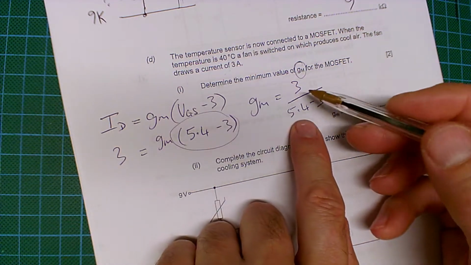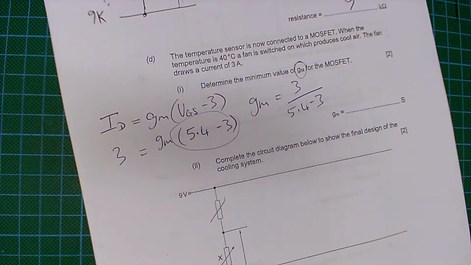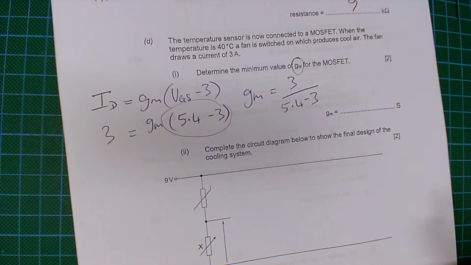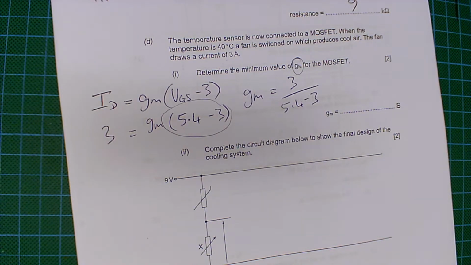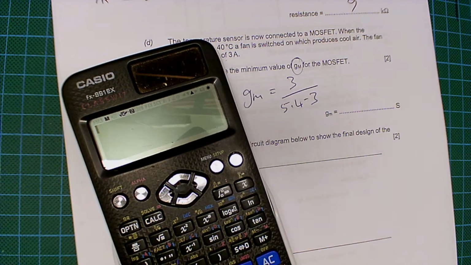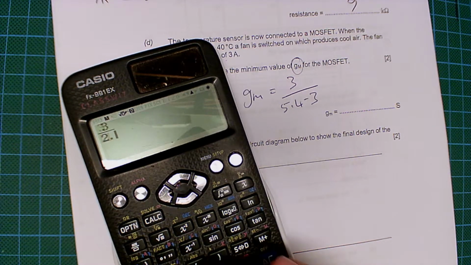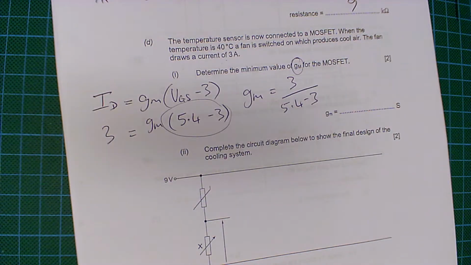Of course, at this stage you could have subtracted 3 from the 5.4 to get 2.4. 1.25, if I'm not mistaken. But if you want to see that on the calculator, we have 3 over 2.4, which is 1.25, or 1 1/4.